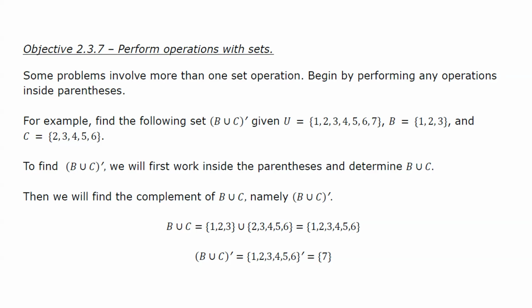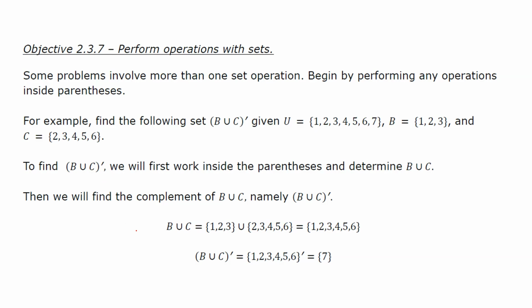For example, if we were asked to find the complement of set B union set C, given the universal set, set B, and set C, we would first find B union C and then find the complement of that.